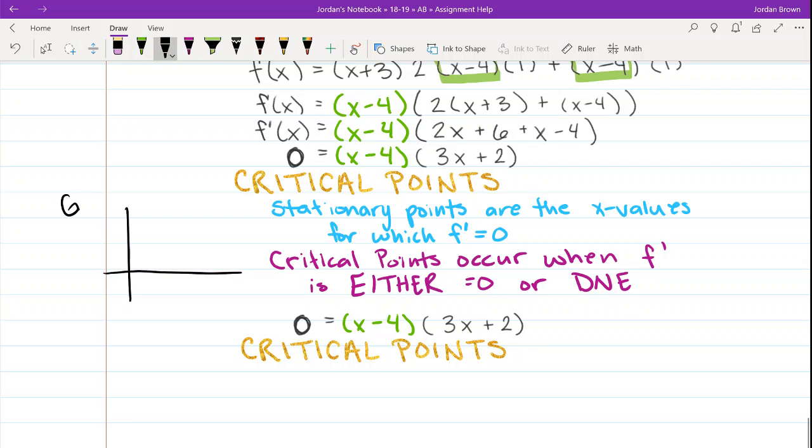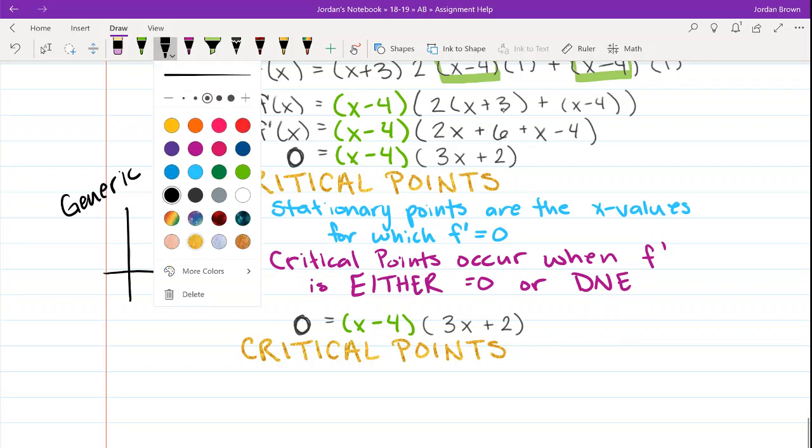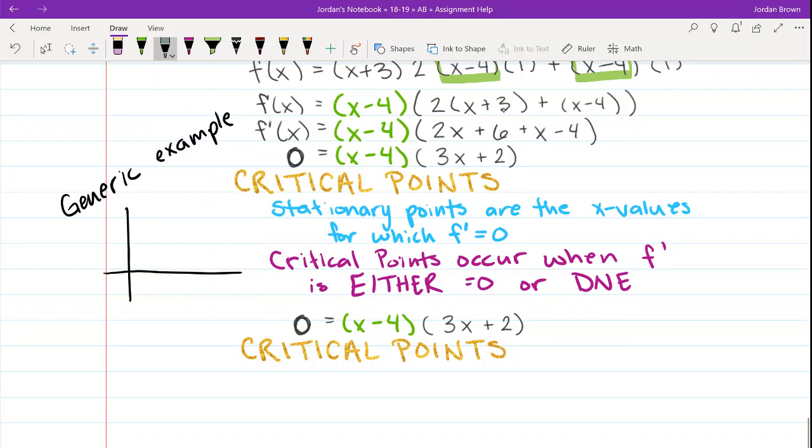So this is a generic example. Let's say I've got this, and a cusp, and another hump.